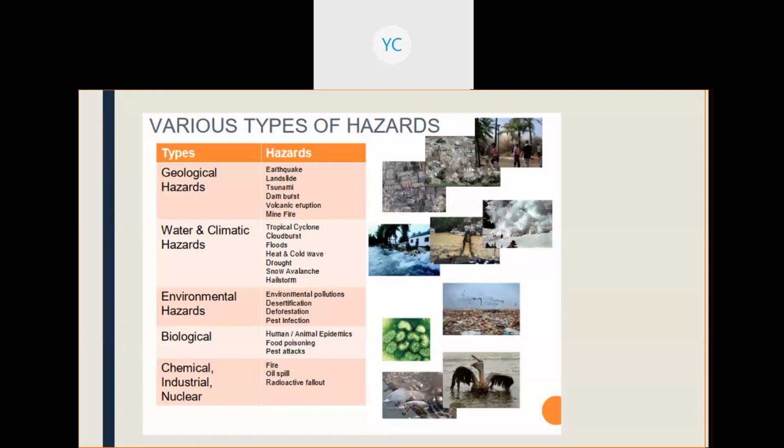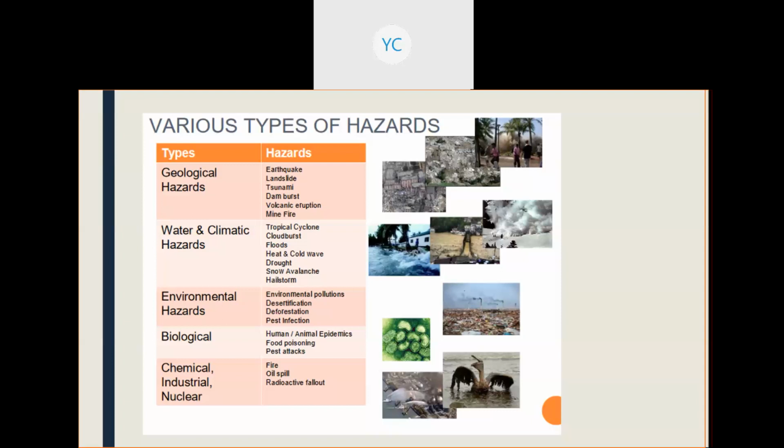This is also known as flash flooding. Technically speaking, if within 6 hours of rainfall there are floods in these basins, we call them flash floods. Flash floods are normally experienced in areas with hilly places.